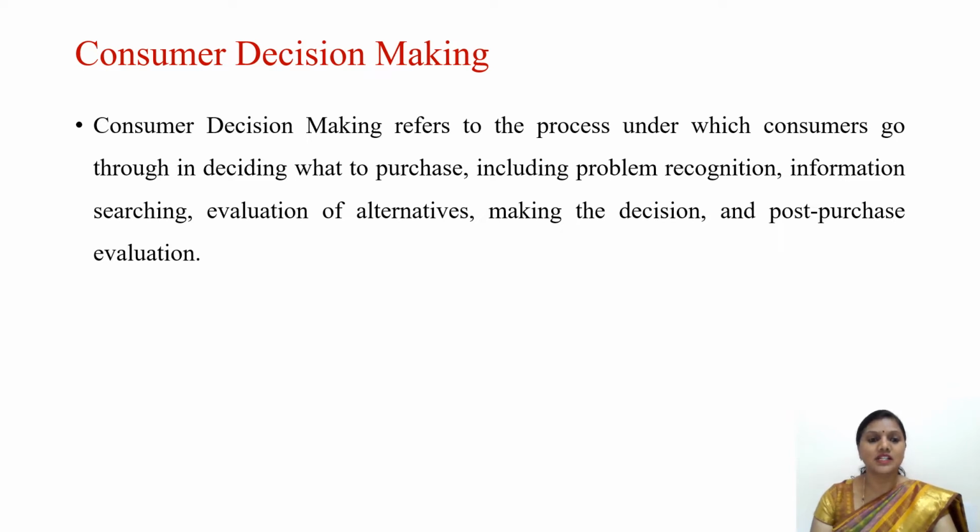Then he will search for the various information available relating to the products in the market. Then evaluate the alternatives, which product is more beneficial for him. So in that way he will try to evaluate the available alternative products.